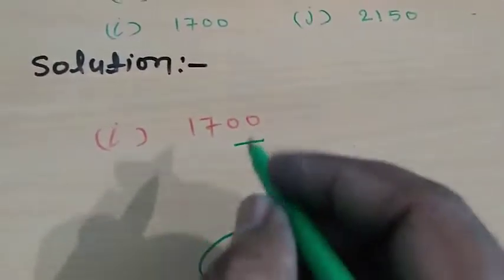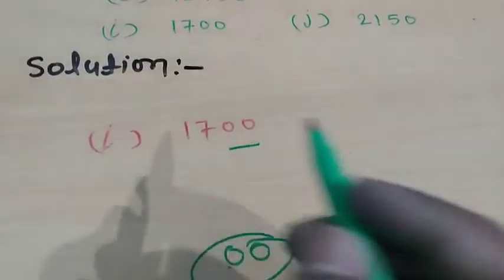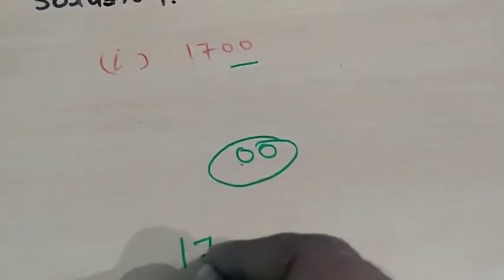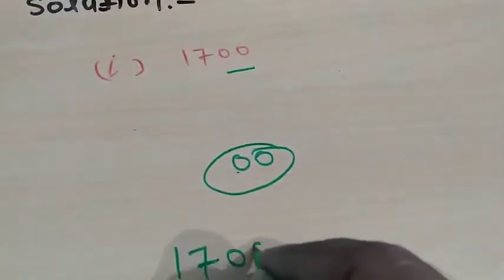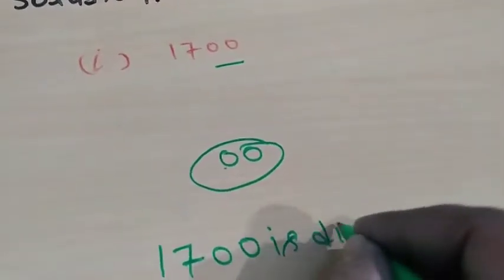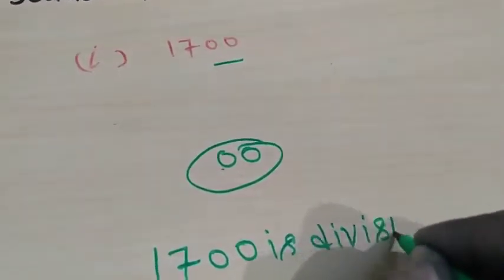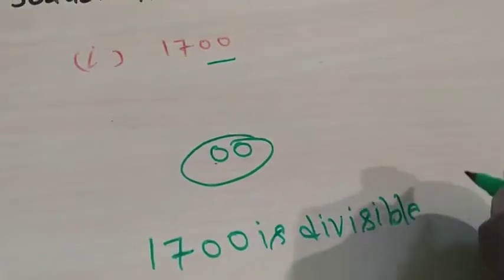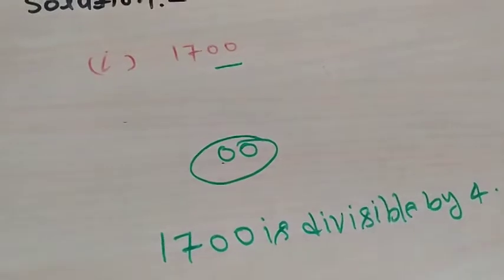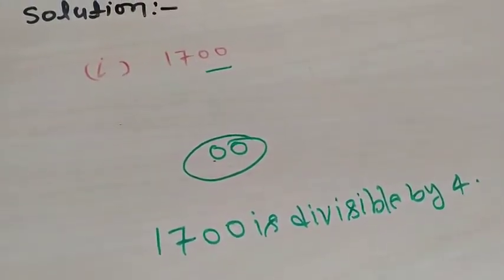The last two digits are 0 0, so it is divisible by 4, so 1700 is divisible by 4.